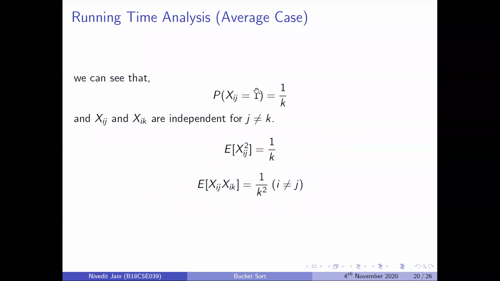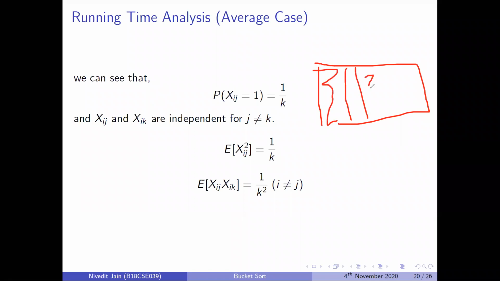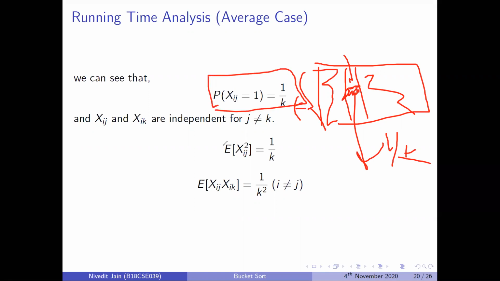Now we can clearly see that if each number can go into any one of these bins, then obviously the probability of getting 1 is 1 by k, which leads to the expectation of x_ij square being equal to 1 by k.